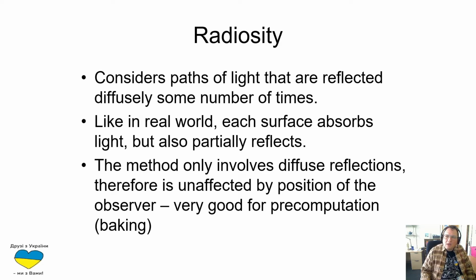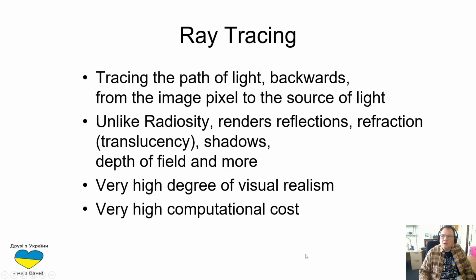And now we are arriving at the queen of all rendering methods, or the king, ray tracing. Ray tracing is tracing the path of light backwards from the image pixel back to the source of the light.